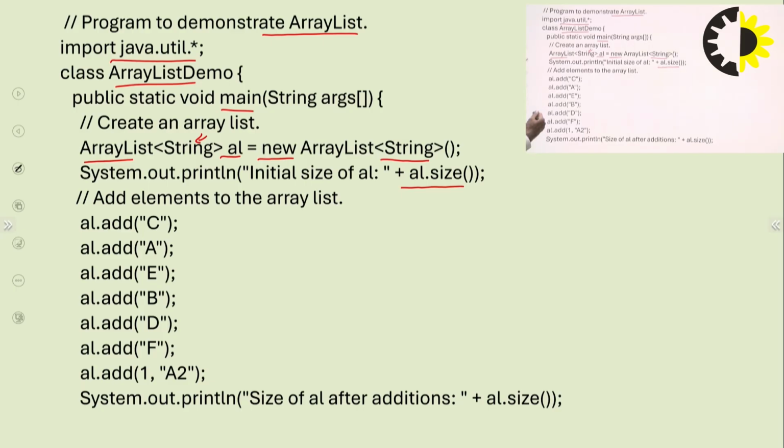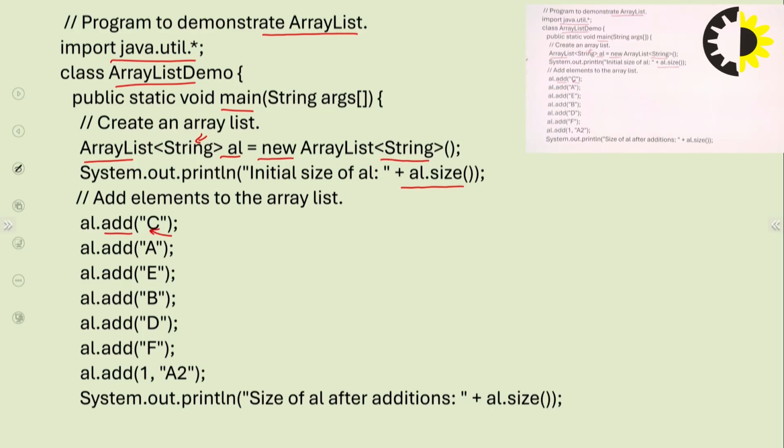Now if you want to add an element to this ArrayList, you have to call a method. One of the methods to add any element to the collection is add. So we are using the add method and passing the data.